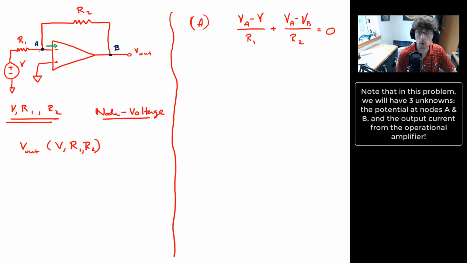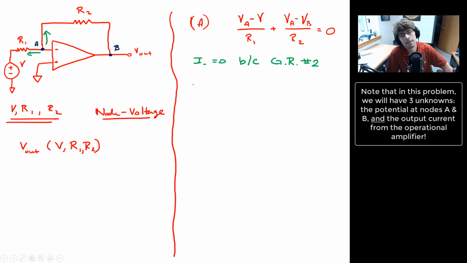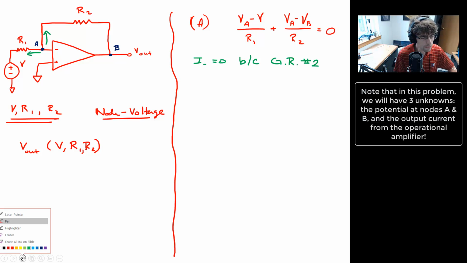So I'm using golden rule number 2. I've taken care of the current flowing this way, and the current flowing this way. I do not need to worry about the current going into the inverting input because of golden rule number 2, so that term equals 0. Okay, good. Let's go ahead and think about what B would be. B as in boy.